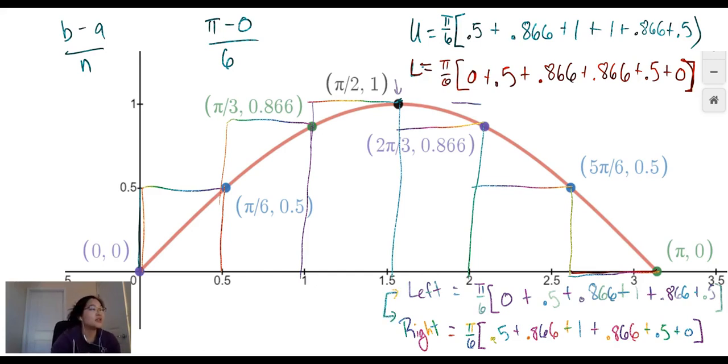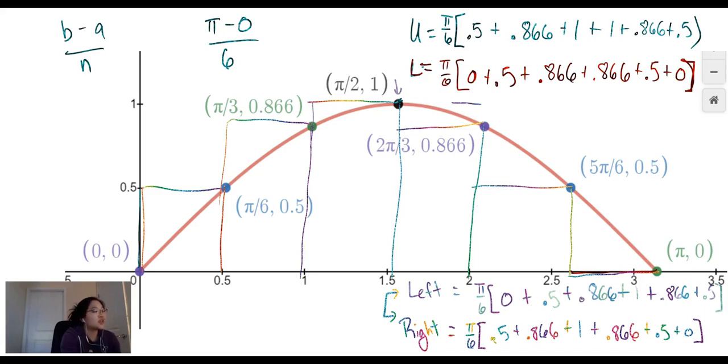So interesting. And what about our midpoint? So we could do a lot of work, and we could actually figure out what our function is at our midpoint. But I don't want to. So the average of our left and our right, they should... Does that work? No, that's not right.